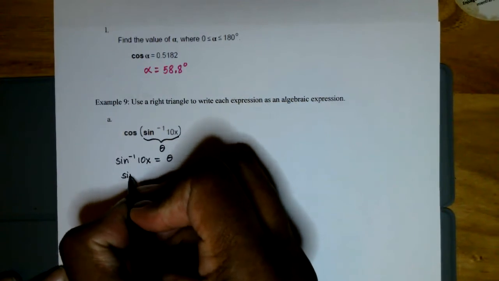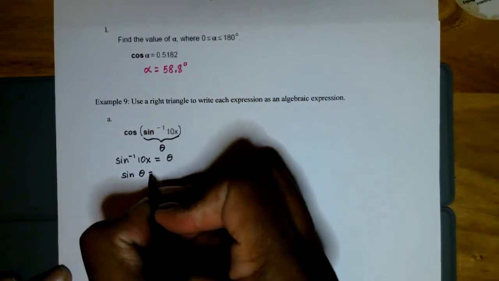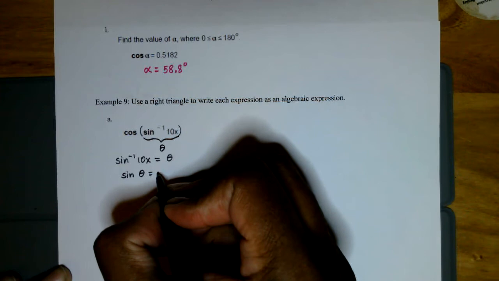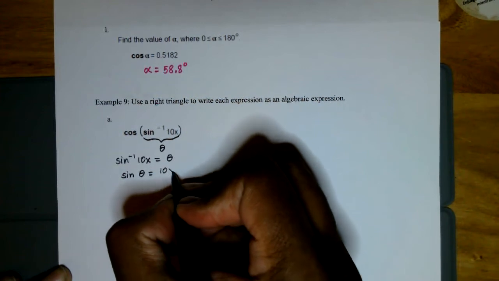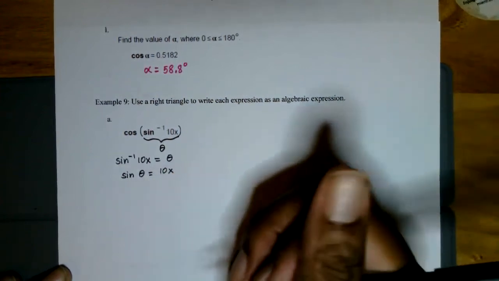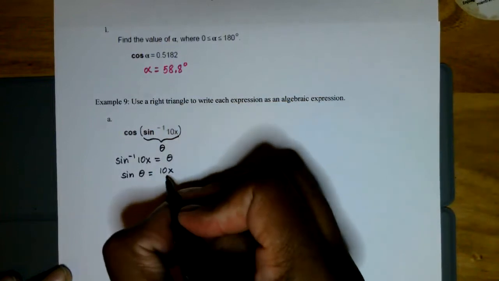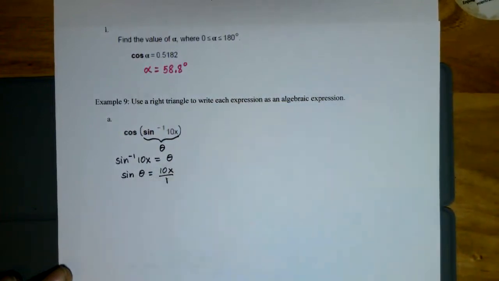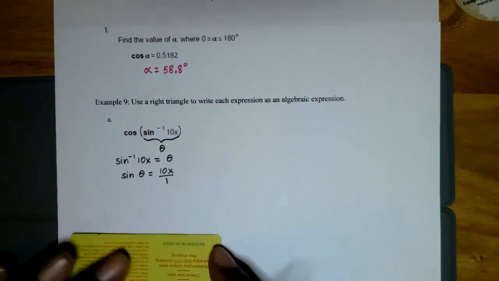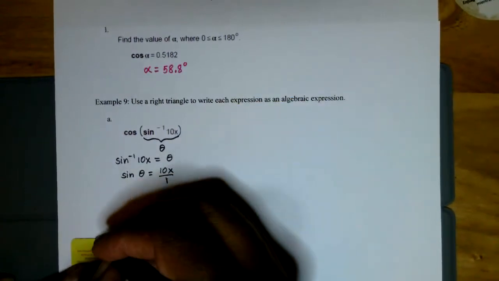I need to find some angle theta so that the sine of theta will be equal to 10x. Now, since I'm going to be using a right triangle, I'm going to write this as a fraction. I'm going to write 10x as 10x over 1. And then we'll go ahead and draw the right triangle for this.